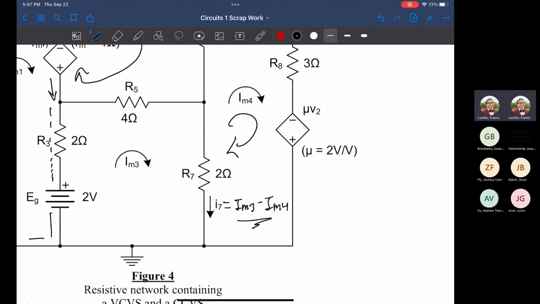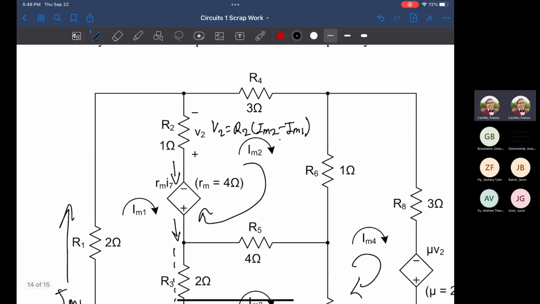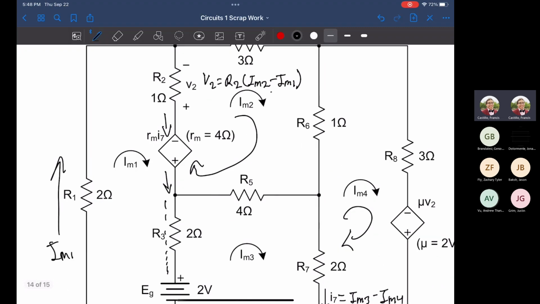But right now, simply from observing our currents, the one flowing with our current convention is mesh 3, so that's going to be positive, and the one flowing against it is IM4. Over here, the current flowing through our dependent source that follows the correct convention is IM1, meaning we'll use that as the lower value and say mesh 2 is going to be the bigger value.